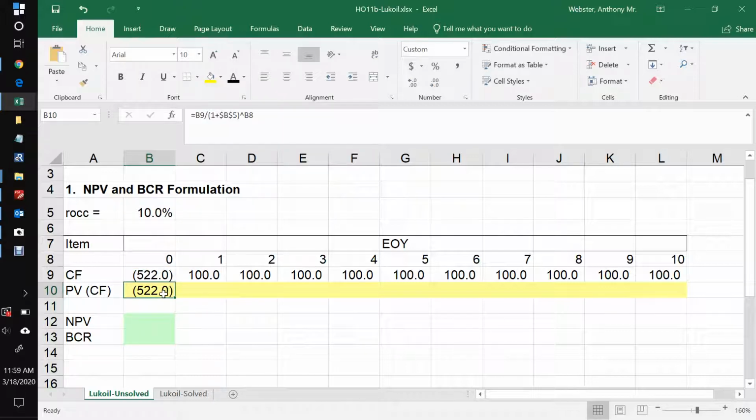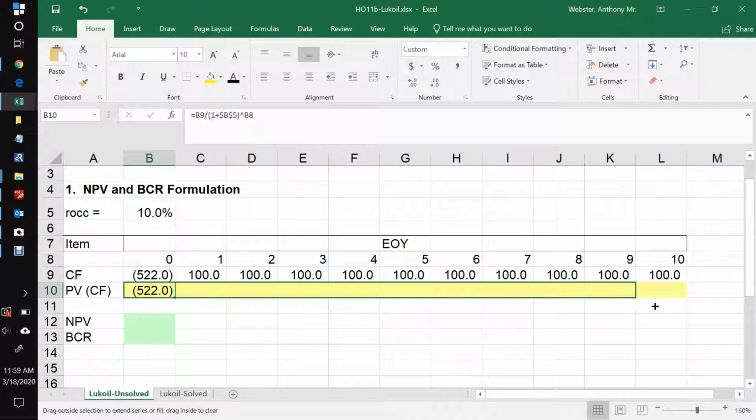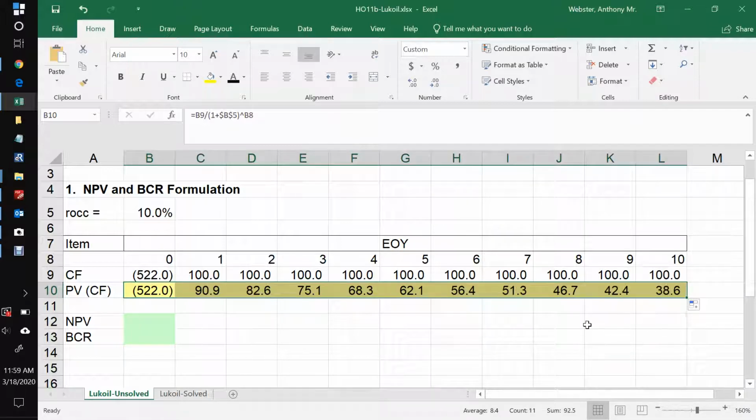I hit return, and I better get 522 because that cash flow is at t equals 0, so I discount it back to t equals 0 and I better get the same thing. But now look, if I've done this right, I think I have a general formula, so I can just drag this formula all the way out to year 10. I think I did that right, and I've saved myself an enormous amount of work, and I can check whether I have the right answer in two ways.